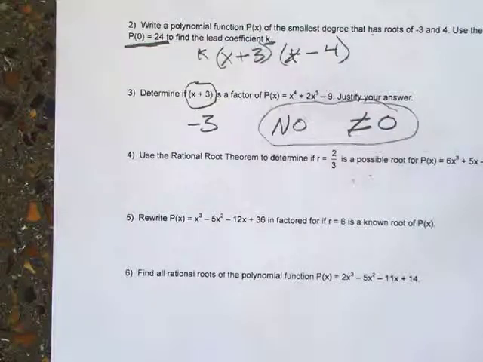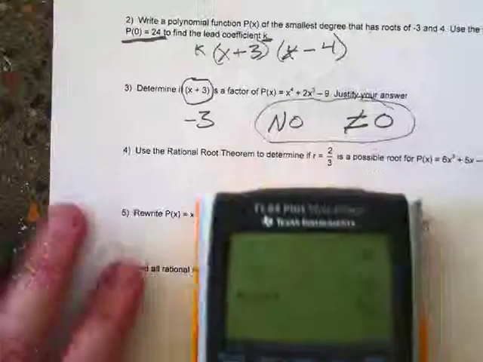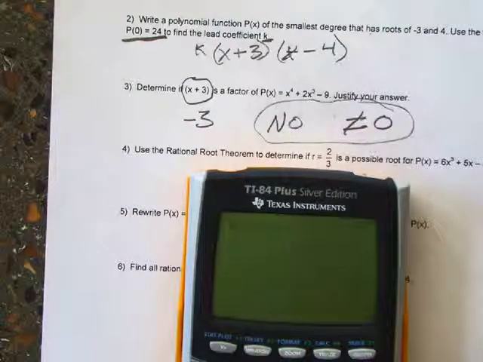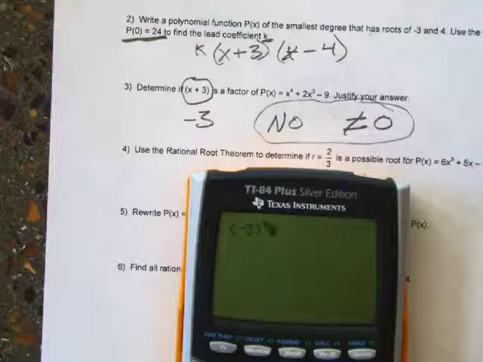If we plug in the negative 3, now, what does it equal? Well, let's just do the whole thing on the calculator. We have negative 3 raised to the 4th power plus 2 times negative 3 raised to the 3rd power minus 9.